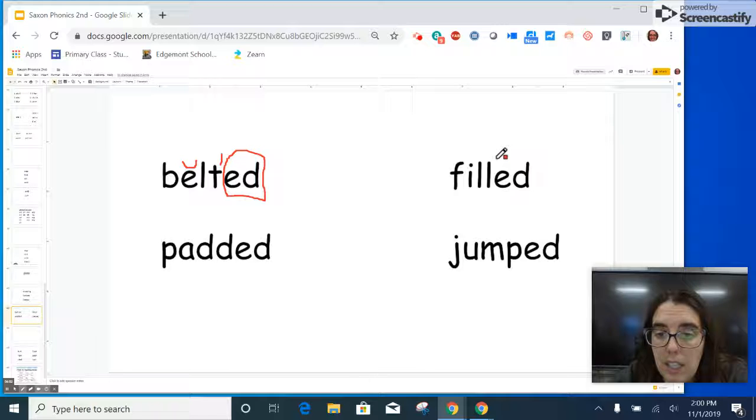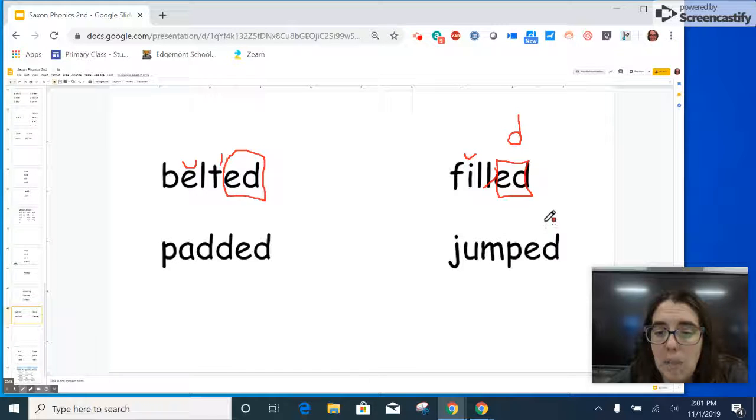It also has a suffix ed that we can box. But in this word, we're going to code the vowel and cross off the twin consonant. It's the word filled. The ed is saying the d sound. D does not have a vowel sound, so we do not put an accent mark.